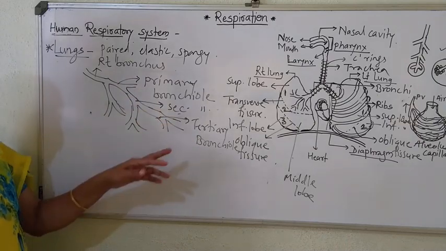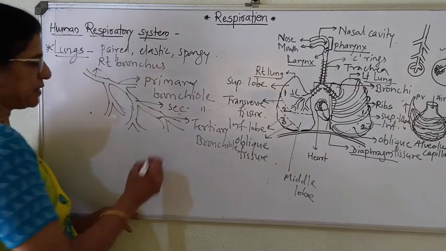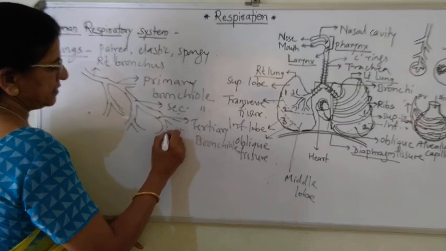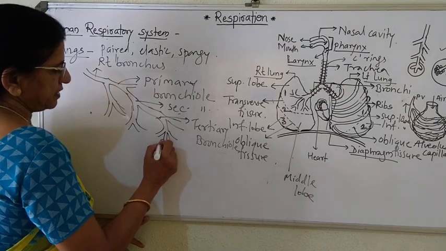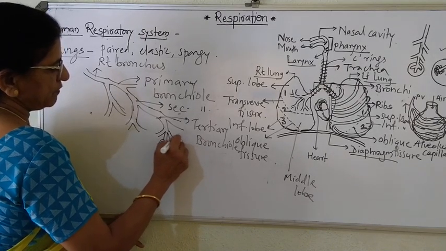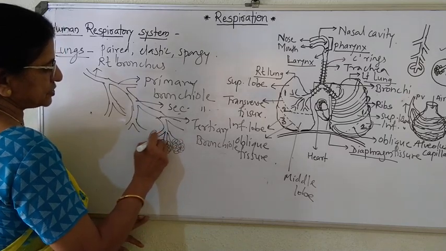And at the end of the tertiary bronchiole, one air sac, about 20 air sacs are present here, having a bunch of alveoli at their ends.